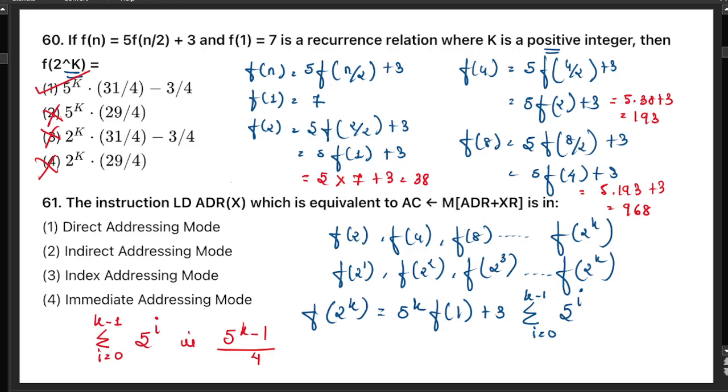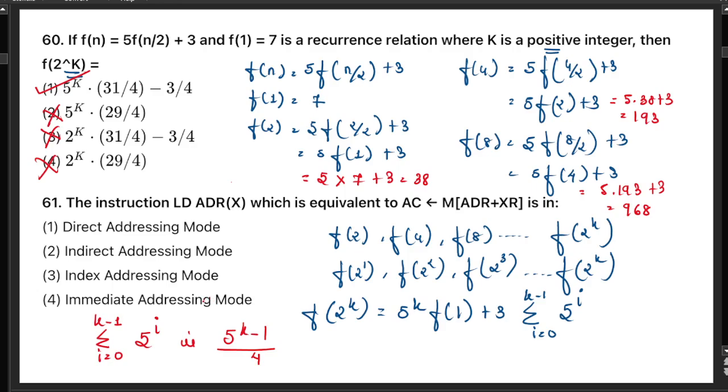Now let's see the next question, which is the instruction LD ADR(X), which is equivalent to AC, and this is copying to our accumulator. This is copying to memory of ADR address and XR is in. So is this direct addressing mode, indirect addressing mode, index addressing mode, or immediate addressing mode?